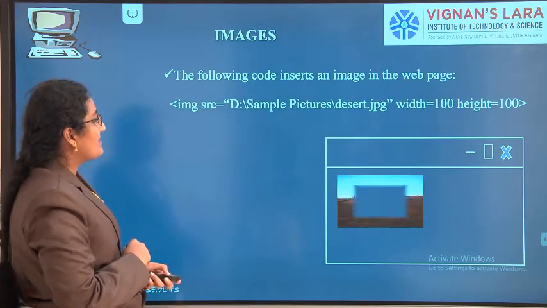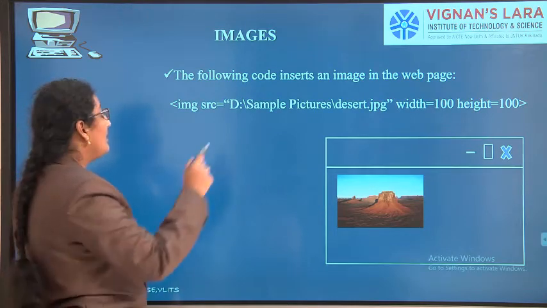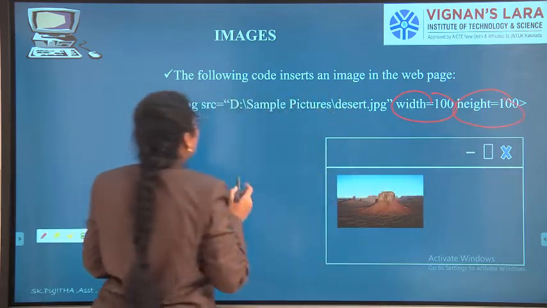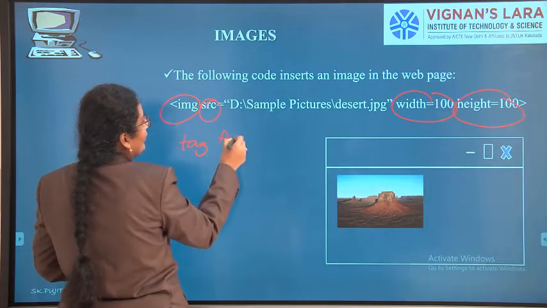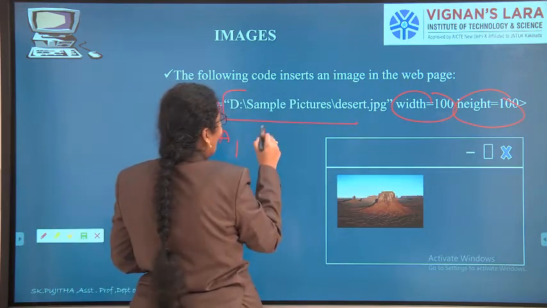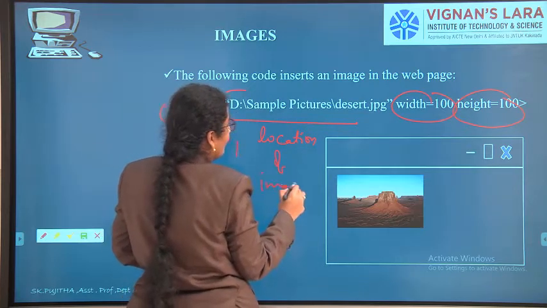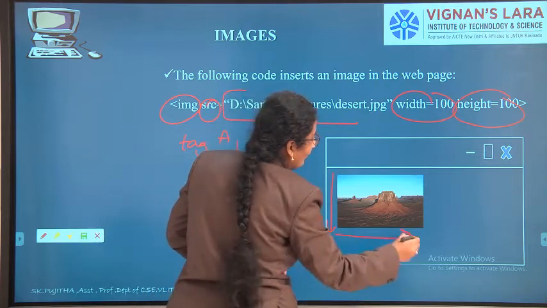So what is our next thing? We can give width and height for the image. See here, img is again a tag. Src is attribute 1. Under src we have given the location of the image. Then we can specify the height and width of the image.